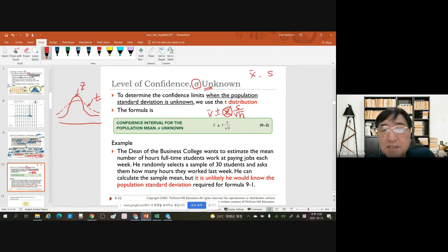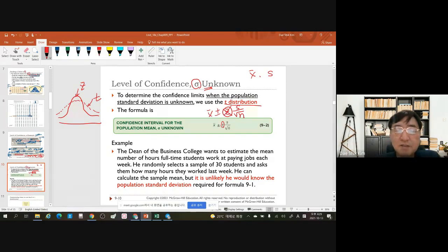When the sample size is not big enough and the population standard deviation is unknown, then we need to use the Student t distribution. It is symmetric around the center, but more spread out. So we will use the t value.